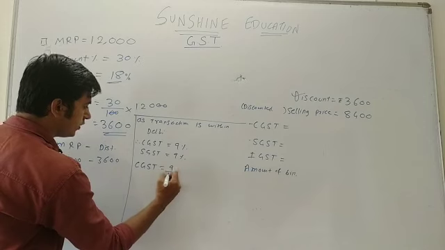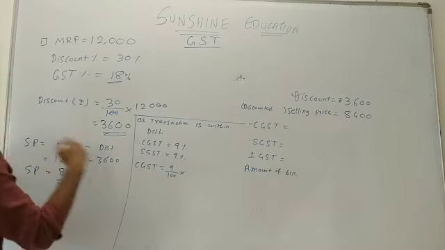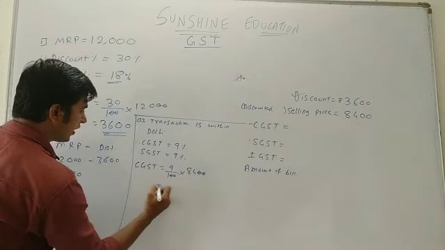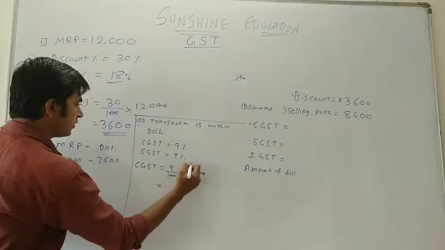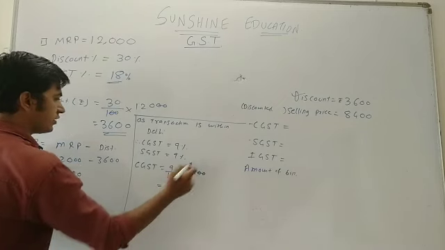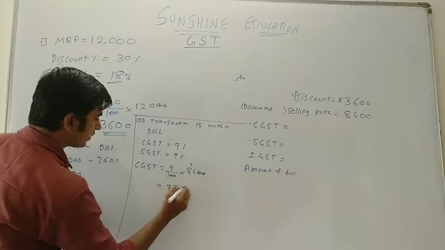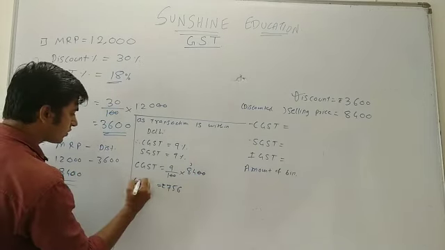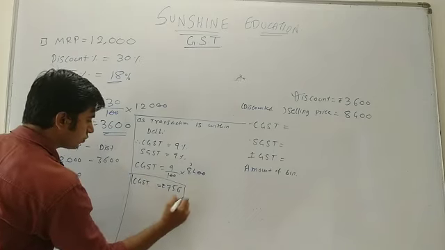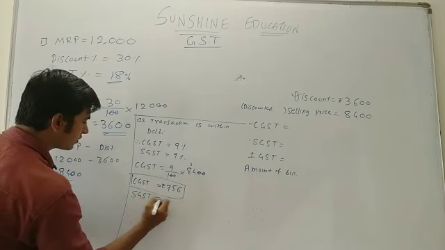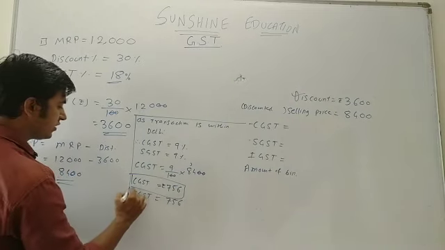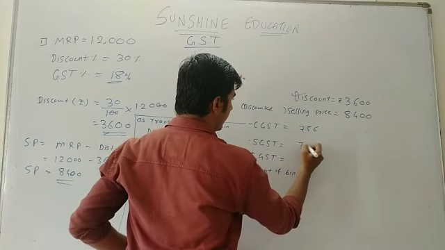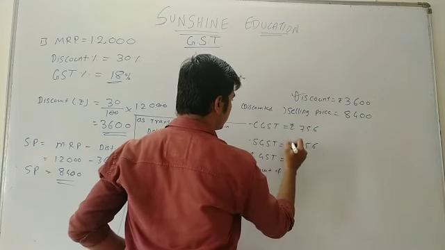CGST is equal to 9% of 8,400. 0, 0 cancel, 9 4s are 36, 9 8s are 72 plus 3 is 75. So it is rupees 756. CGST is 756, and SGST is also 756, because it is also 9%.